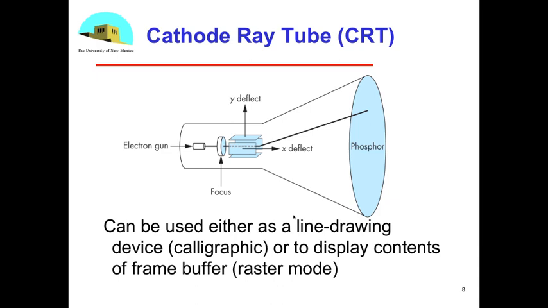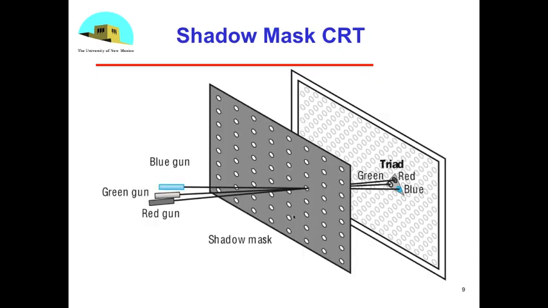Now, to get color, the standard system was a shadow mask CRT, and the idea was that you had a phosphor surface that had three types of phosphors. If you excited a red phosphor with an electron beam, it would glow red, and likewise there were green and blue phosphors on there.